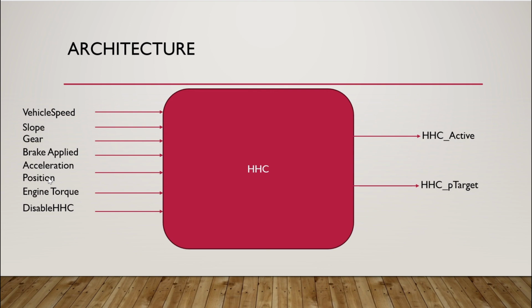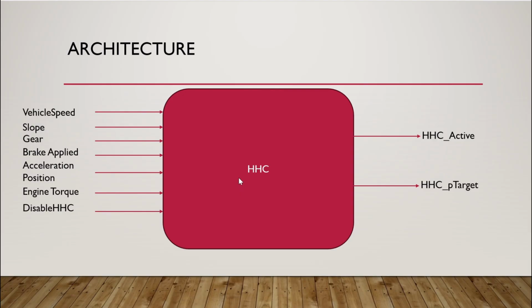From this signal, you can come to know whether the accelerator pedal is pressed or not. Then the next signal is the engine torque. Using this signal, you can determine whether the engine torque is sufficient to move away from the current slope. The final one is the disable signal for this component. When the disable signal is set to true, then you have to disable this component.